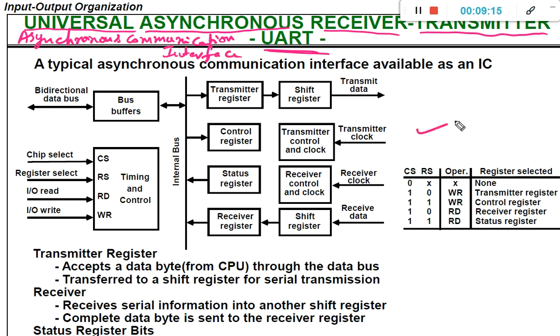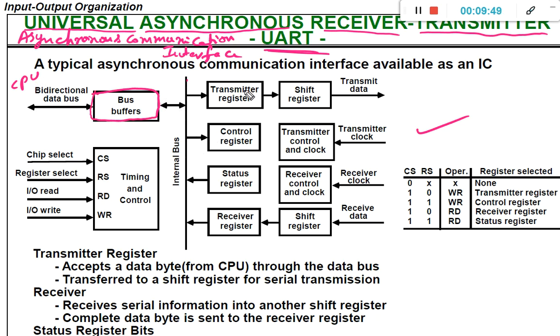So this is the block diagram for the UART. What are the different components available in this particular block diagram? This is the bus buffers, and from the CPU, the bidirectional data bus will be connected to the bus buffers, and there will be an internal bus.